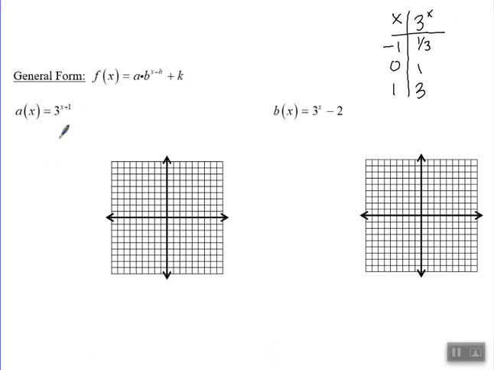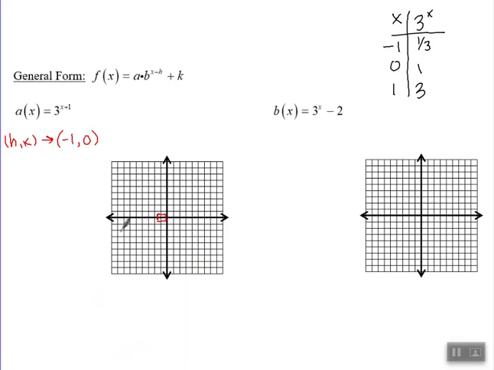So if we look at our first example here, we have a of x equals 3 to the x plus 1. This means that our h, k values are -1 and 0. So that means that -1, 0 is going to be our starting point. And I'm going to put a little box here because that point is not actually on the graph, but it tells us how our graph has shifted. So the easiest way to graph these functions, in my opinion, is to treat this h, k point as your new 0, 0.